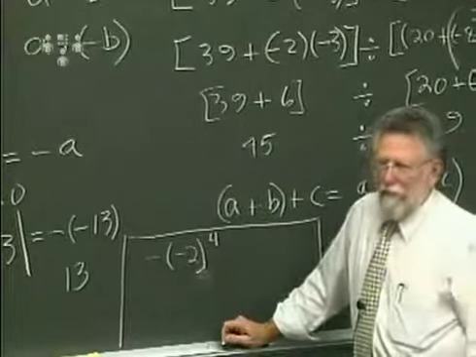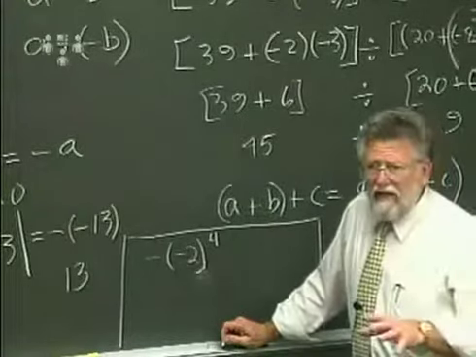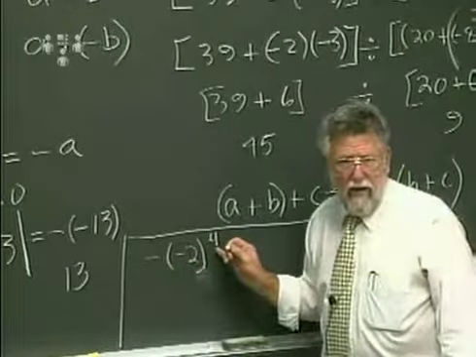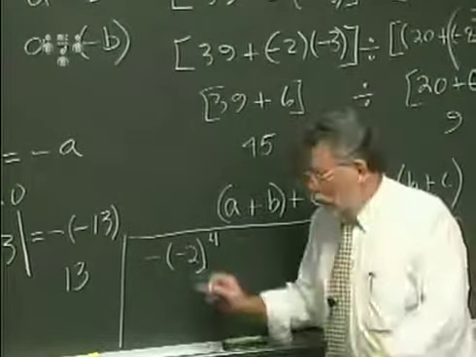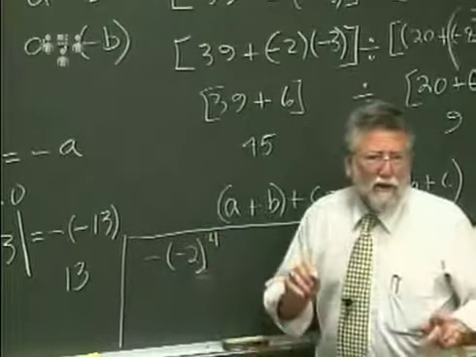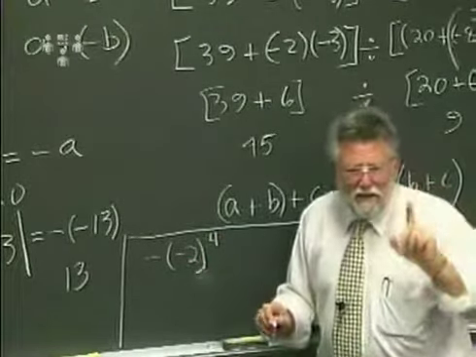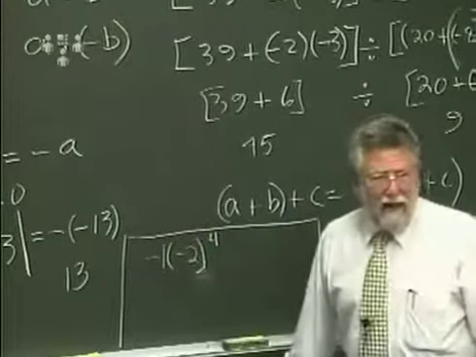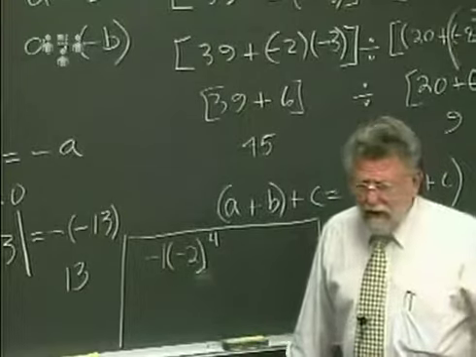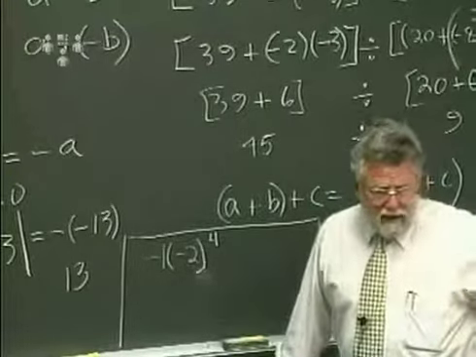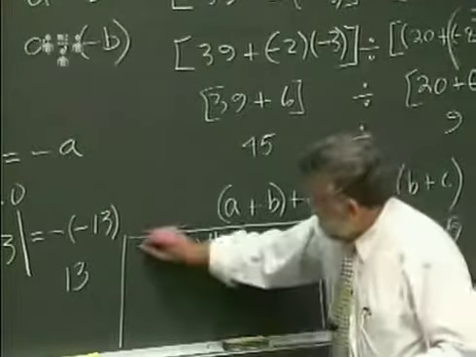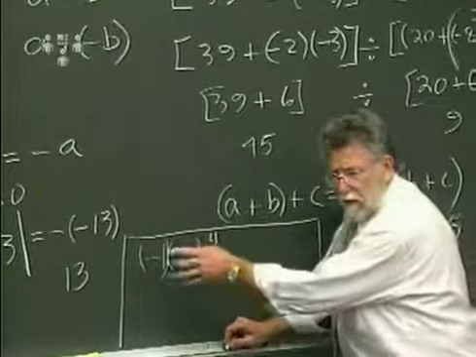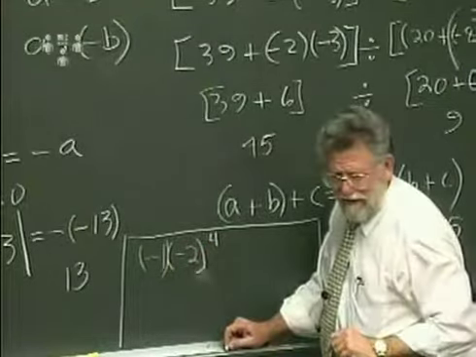Okay, I understand your question. Now, what Soshi's asking, can't I just bring this negative through right away and get a positive and take it to the fourth power? Exponents first. What's not here that you aren't seeing? The unseen 1. It's really like negative 1. That's how we did the negative a, like negative 1 times a. So what comes first, multiplication or exponents?